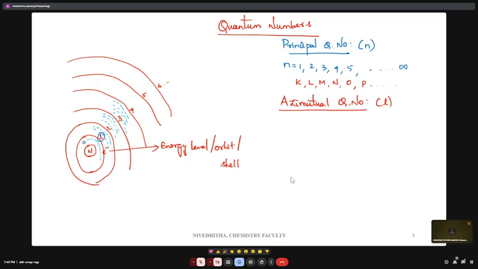In the second shell, I have two subshells, and the numbers are 0 and 1. In the third shell, we have three subshells, and the numbers are 0, 1, 2. In the fourth shell, I have four subshells, and the numbers are 0, 1, 2, and 3.